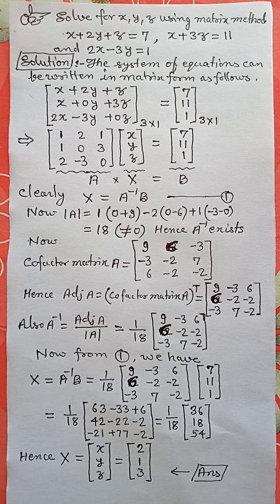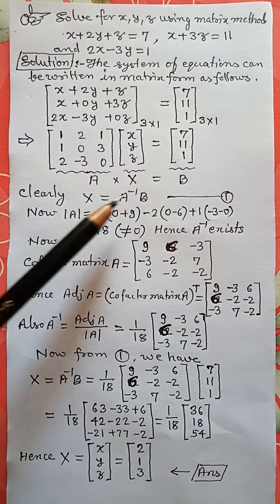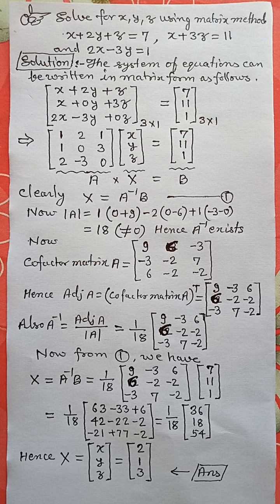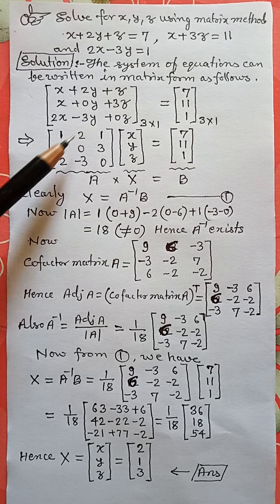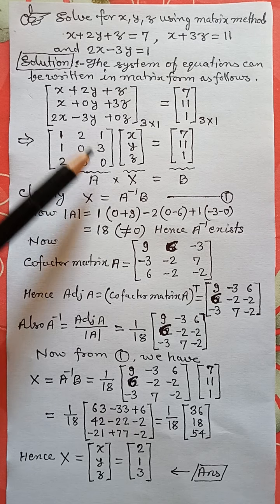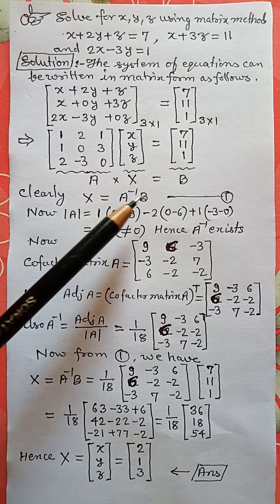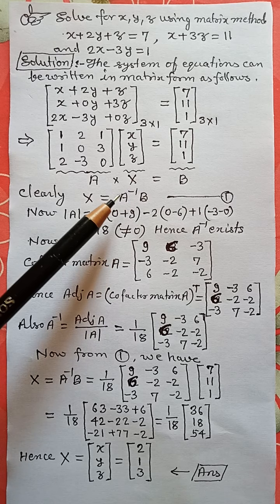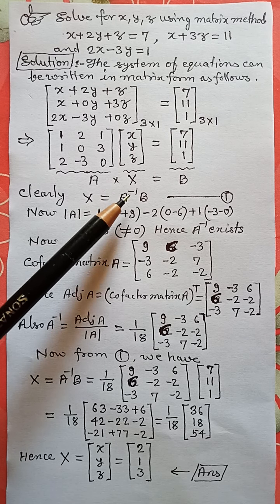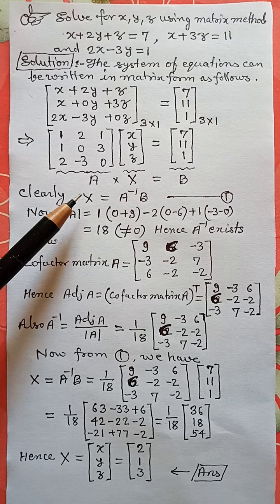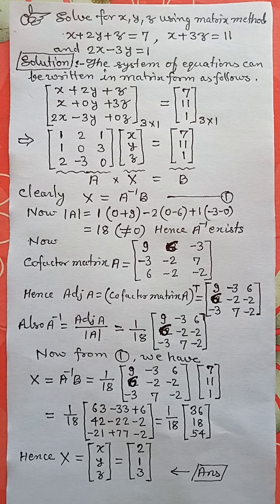Now if this is our solution, that means we have to find the inverse matrix of A and put here A inverse B, that will give this matrix X, the matrix of variables.